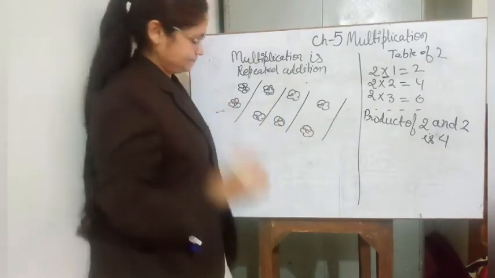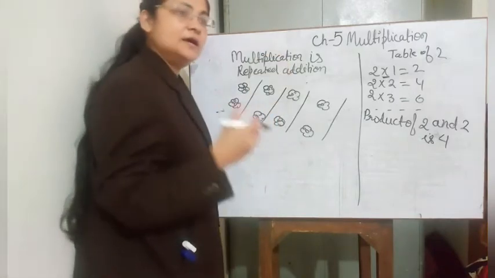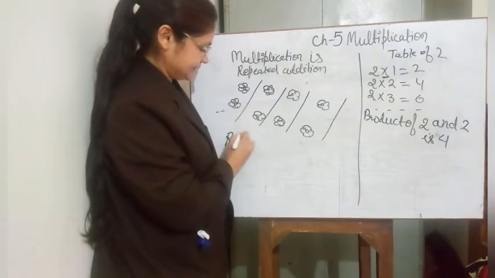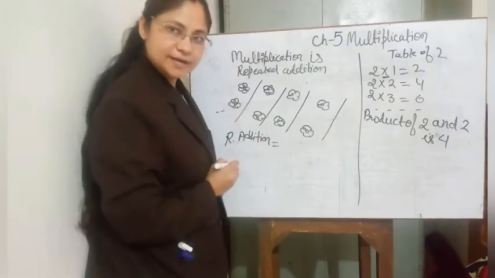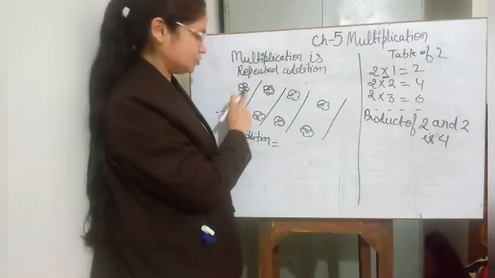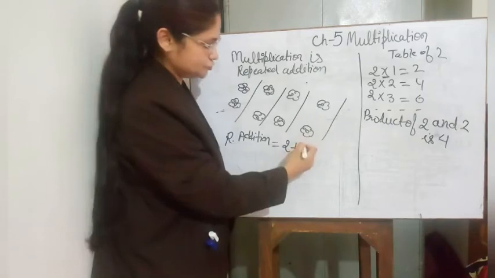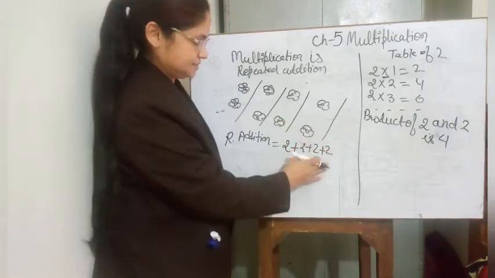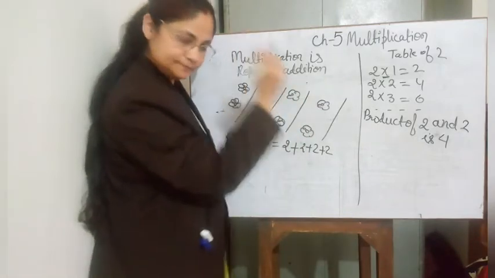I can write it in the form of repeated addition. So I can write 2 plus 2, then again 2, then again 2, then again 2. It means 4 times 2. 1, 2, 3, 4.